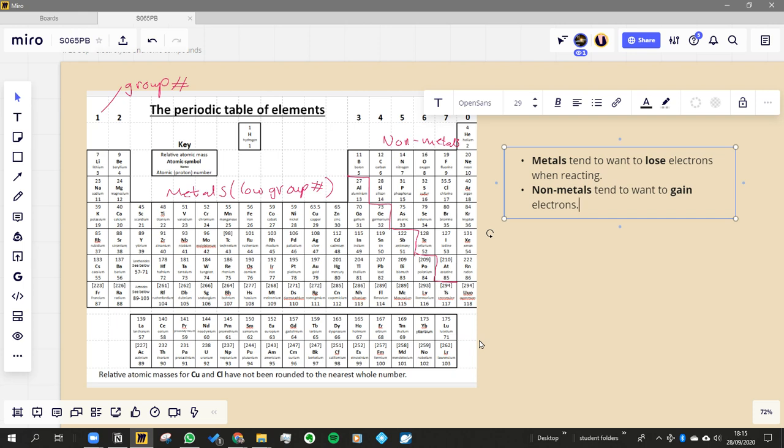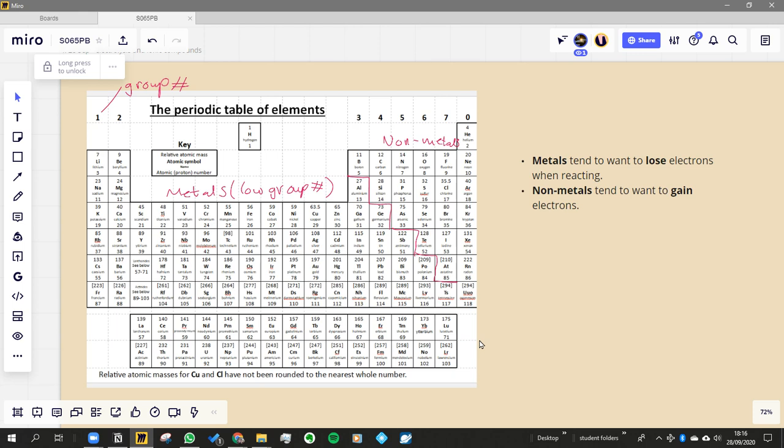So when a metal and a non-metal come into contact and would like to bond, let's say we've got sodium and chlorine, the sodium would form a positive charge because it would lose the one outer electron, and it would give that electron to chlorine, and chlorine would then fill its outer shell and be negative.